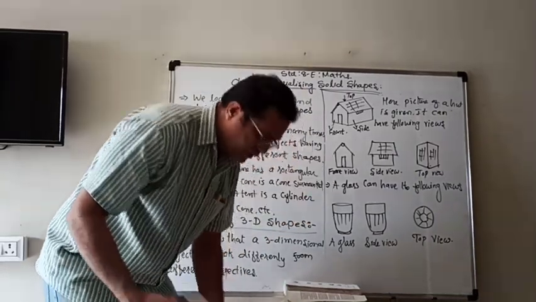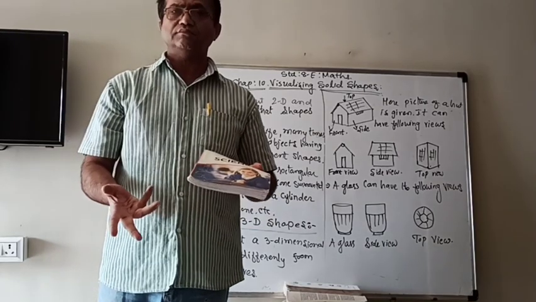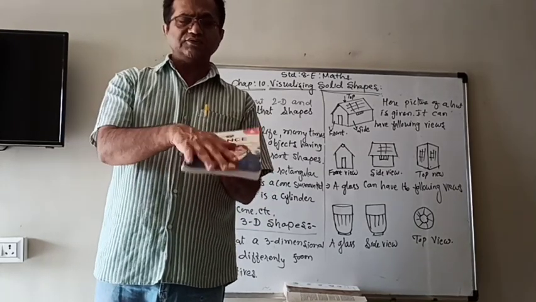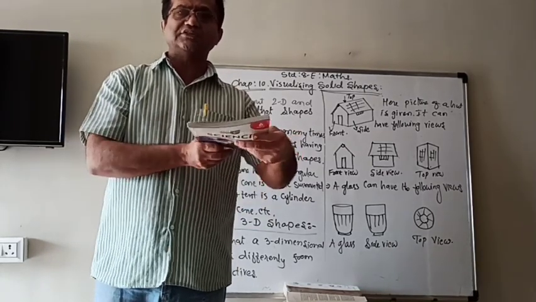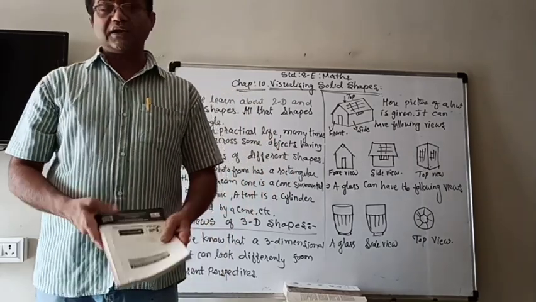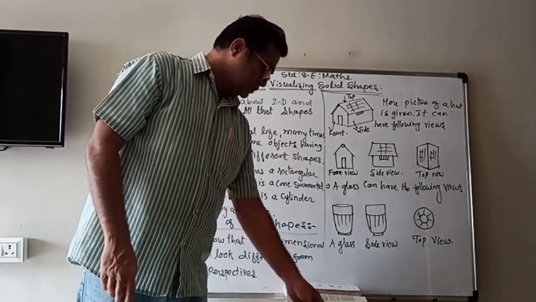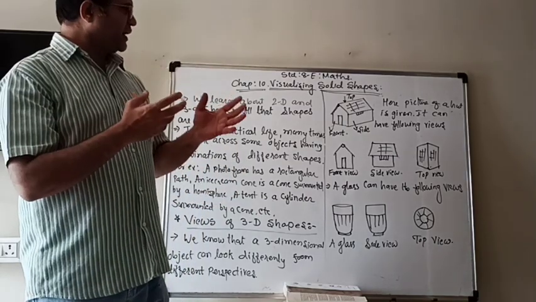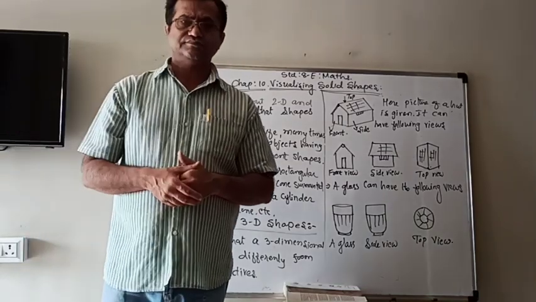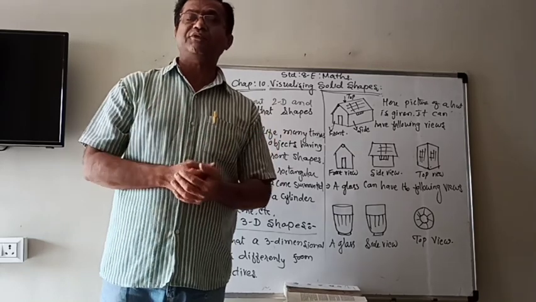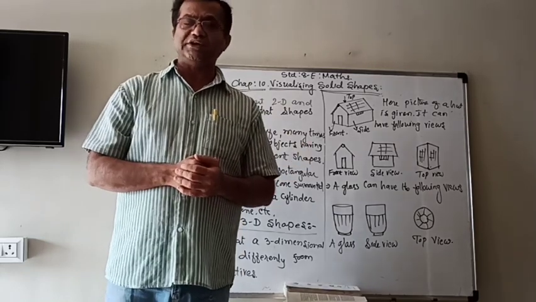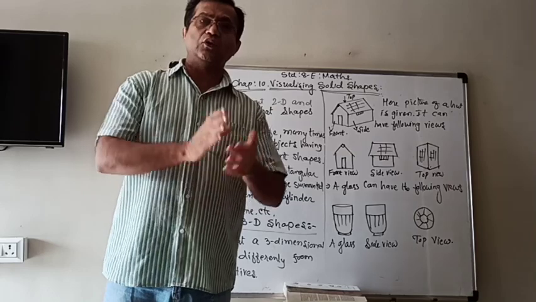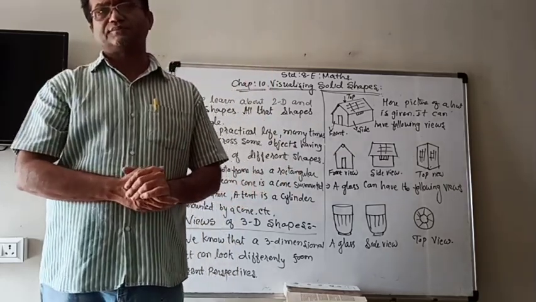Similarly, for a book also, the same thing. From this side, from this side, from the side or this side, everywhere the views are different. It means that when you look at 3D objects from different perspectives, they will have different shapes.